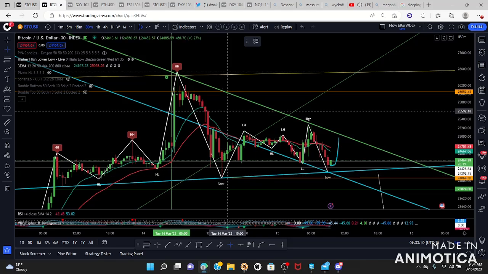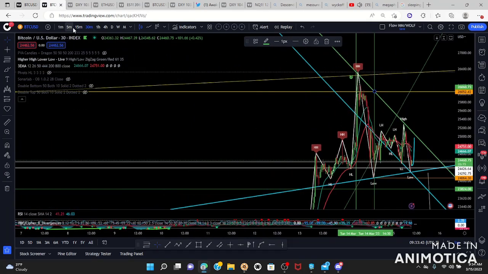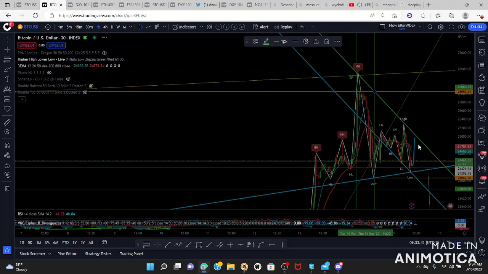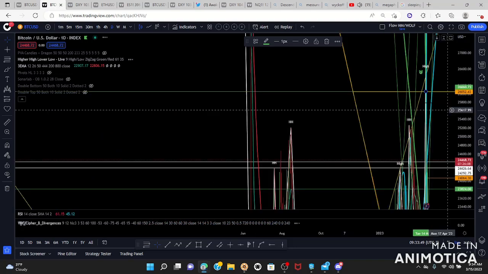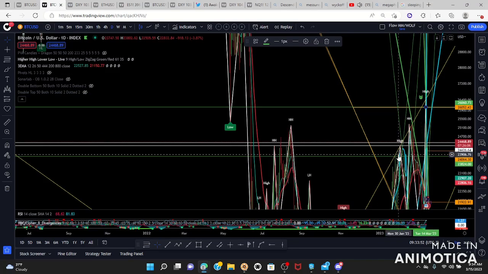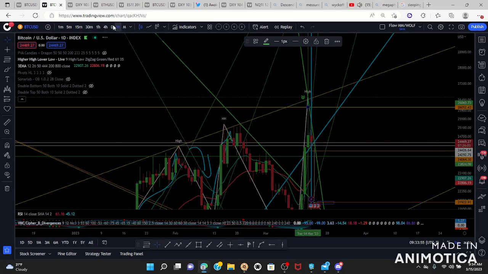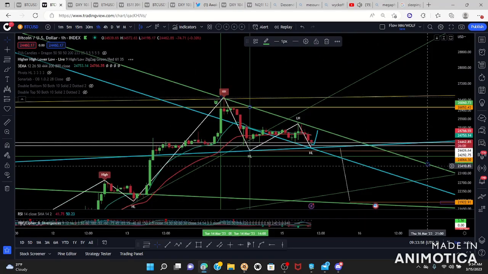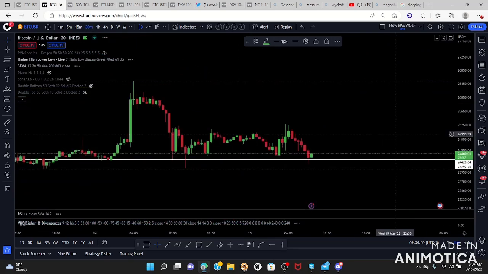This is the lowest point here. So perfect. Our target would be 26. And that would be confluence with the daily, a daily yellow line, a daily target there. Confluence with the weekly target again. So we could go back up and get that. Or we could just fall down.